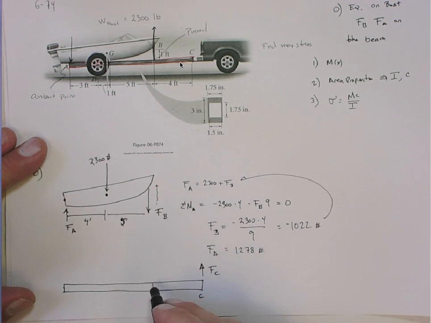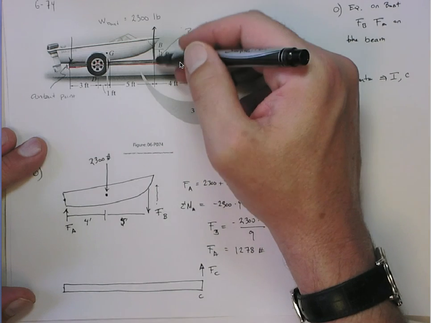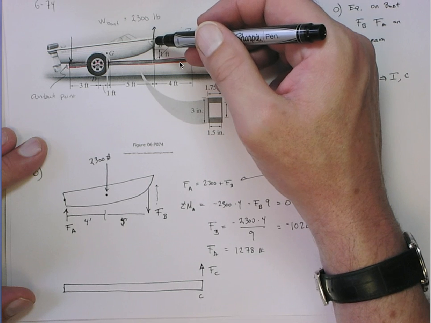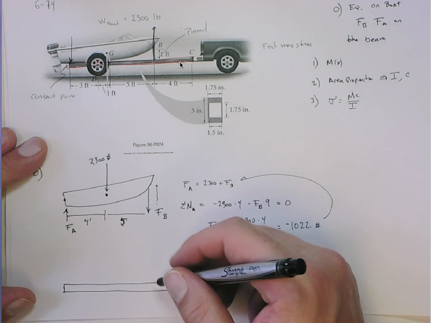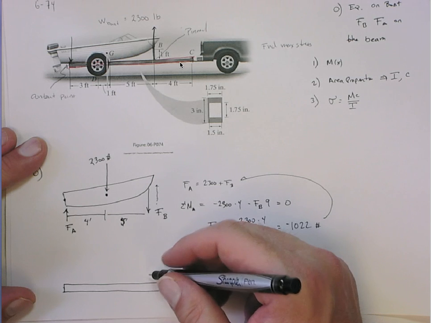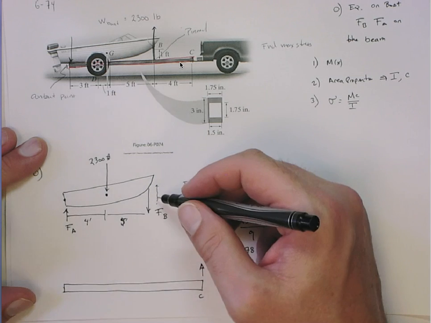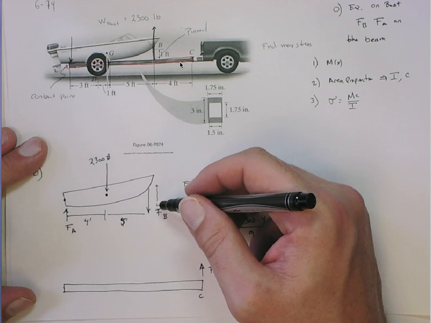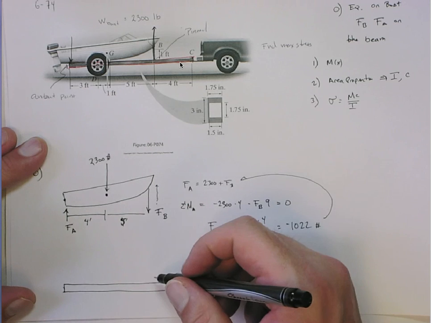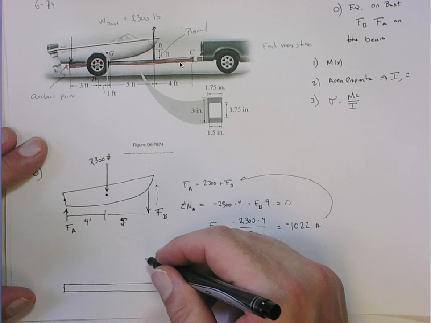Then we've got this known force acting at B, right? Which you already figured out is actually acting downward. Right? It's actually the upward force on the boat, so it's a compressional force. So it's about here.